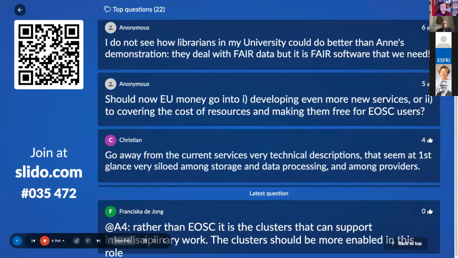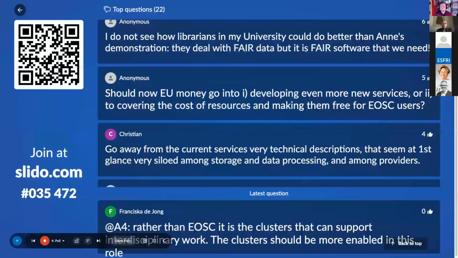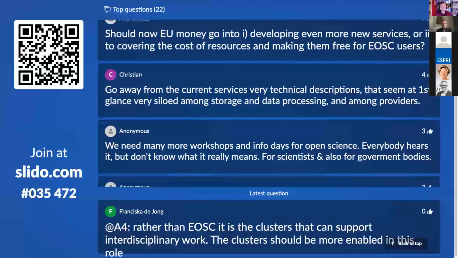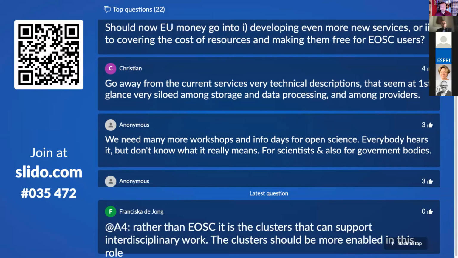They deal with FAIR data, but it's FAIR software that we need. And then, should your money now go into developing even more new services, or covering the cost of resources and making them free for EOSC users?